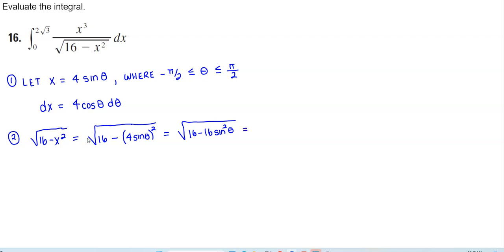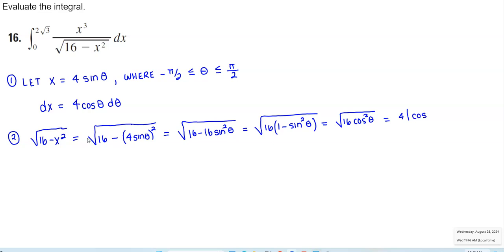And so if we factor out the 16, we get 1 minus the sine squared theta. And what do we know about that trig identity? Well, that trig identity tells us that this now becomes the square root of 16 times the cosine squared theta. And so that's a perfect square, so if we take the square root of that, we get 4 times the absolute value of the cosine of theta, which then becomes 4 times the cosine of theta.